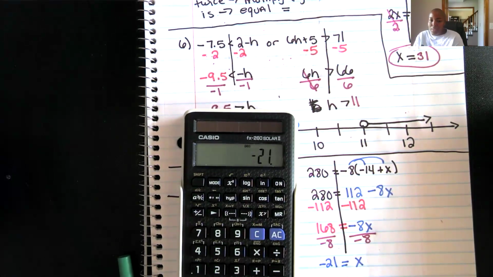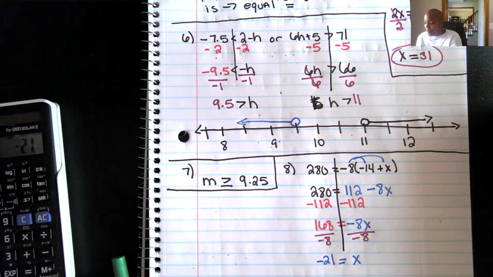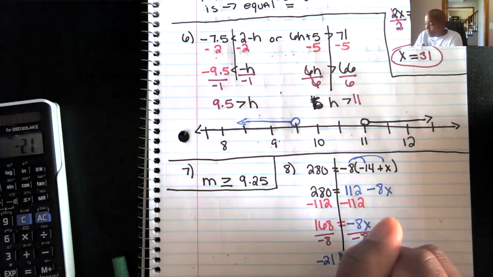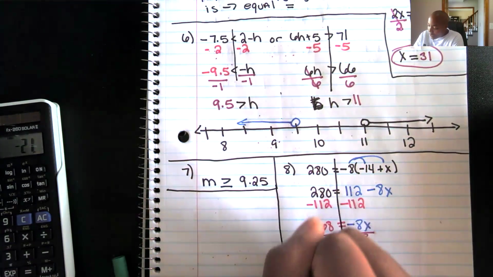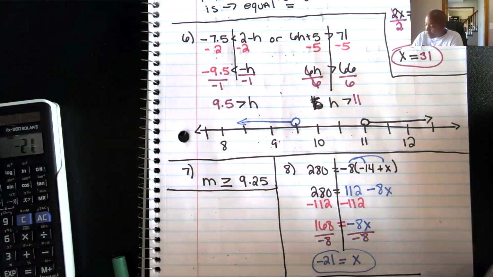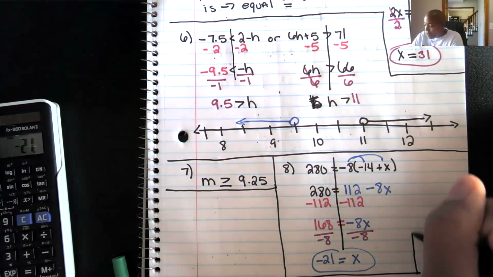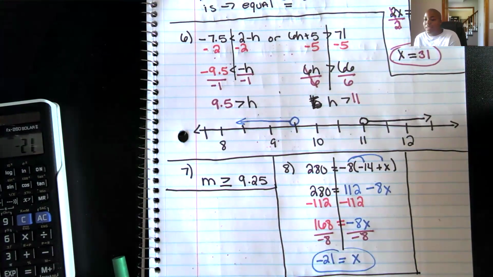So x equals negative 21, or negative 21 equals x. Doesn't matter which order. All done. All right, let me box this up. I mean, I feel like we can fit one here, but that seems a little tough. We'll see.